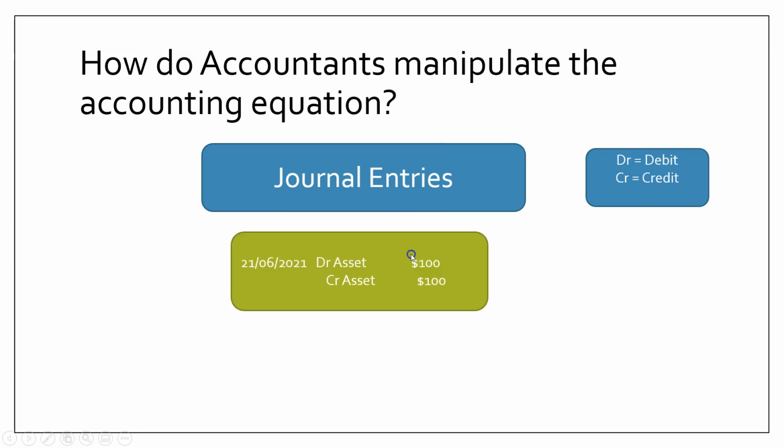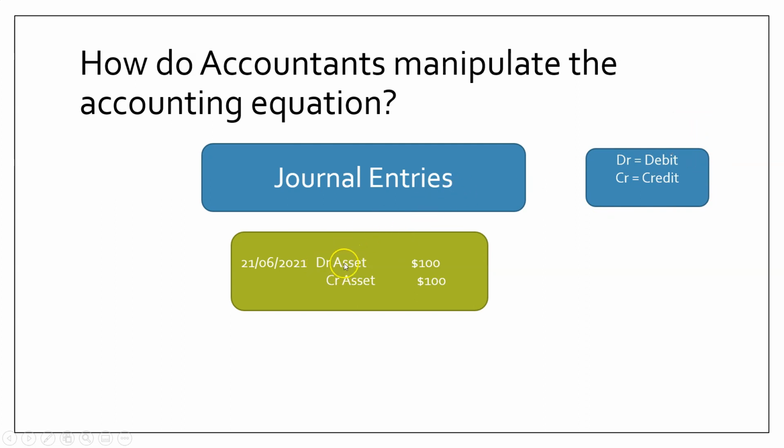If we have a look at a very simple journal entry here, we're going to go over some of the features. The first one is the date. We always have the date when we do a journal entry, and we usually put that on the left. Then we have the debit and credit, which is usually what scares people. DR here equals debit and CR equals credit. I've noted that on the right-hand side.